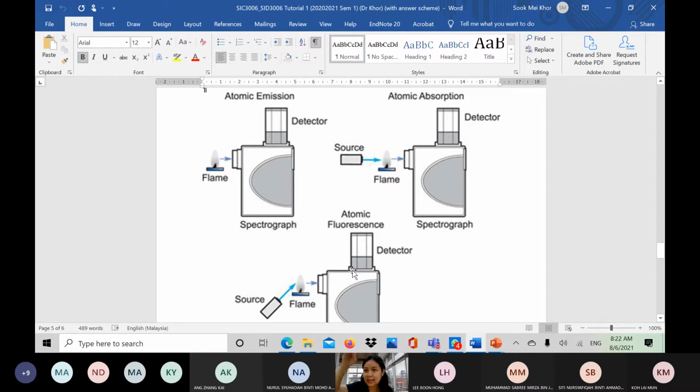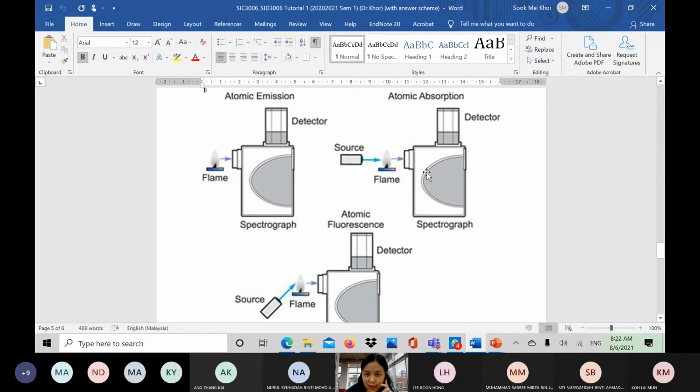But for AFS, what we measure is, when it gets excited, then it relaxes and emits fluorescence. But before it gets excited, the population of neutral atoms at the ground state is the most important thing, because there is a light source to get it excited.